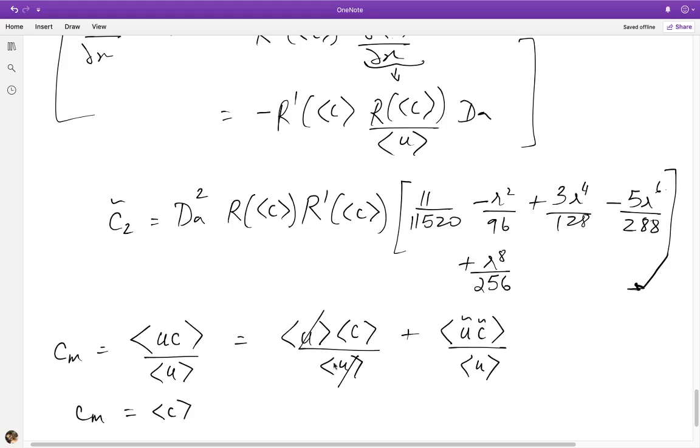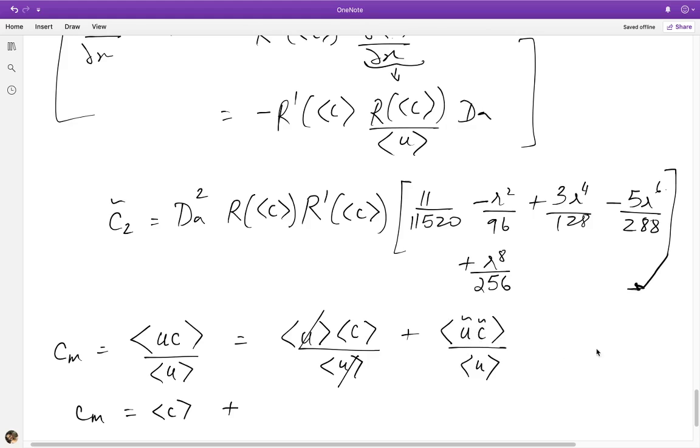So again, this is something I would have missed in the previous lecture by not having this denominator factor, but that's all right. So now I just have to evaluate this term. I know U tilde, of course, because I know the velocity field, and the C tilde I know up to second order. So I replace C tilde by C1 tilde plus C2 tilde, and then I multiply it by U tilde and take the average.